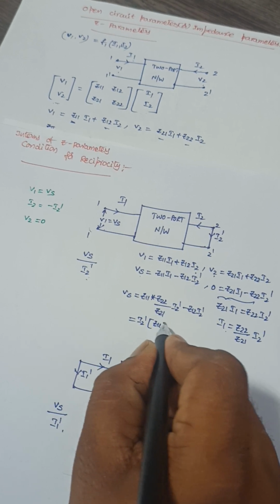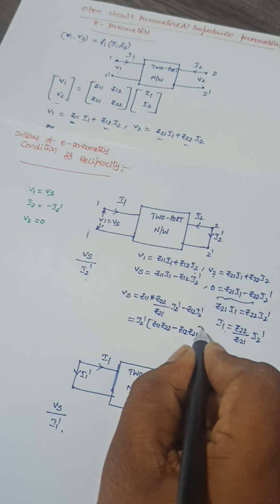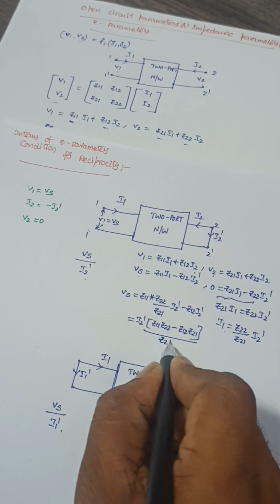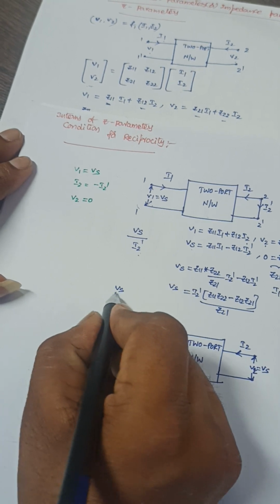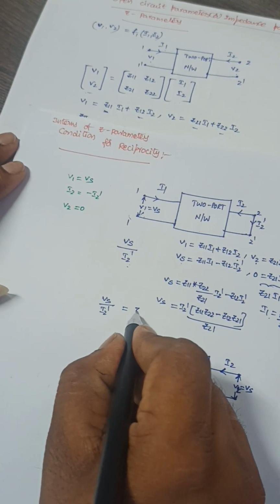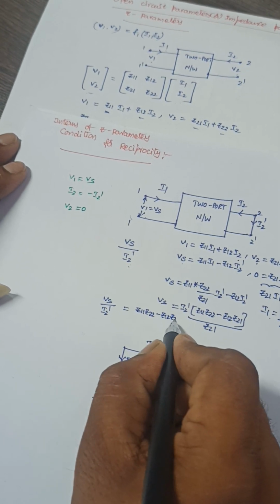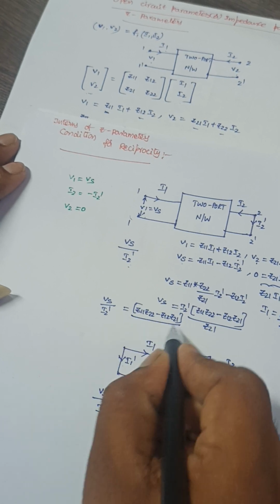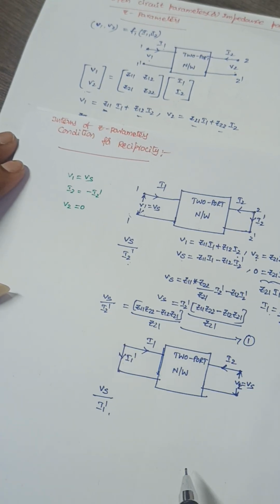So it is Z11 Z22 minus Z12 into Z21 divided by Z21. So it is Vs. Now Vs by I2 dash is equal to Z11 Z22 minus Z12 Z21 divided by Z21. Let us consider this one as equation number 1.